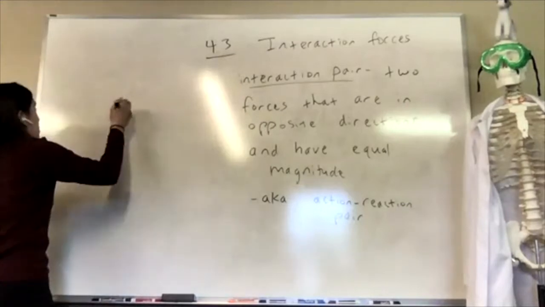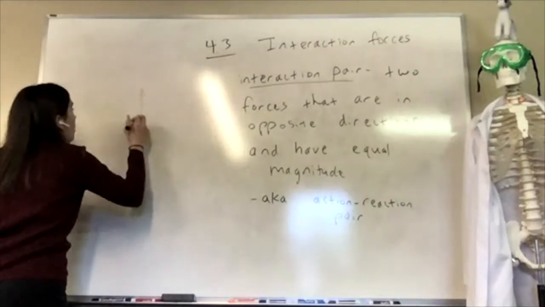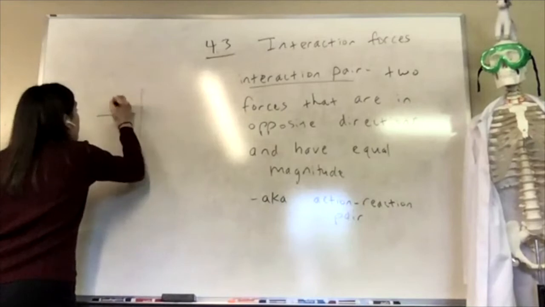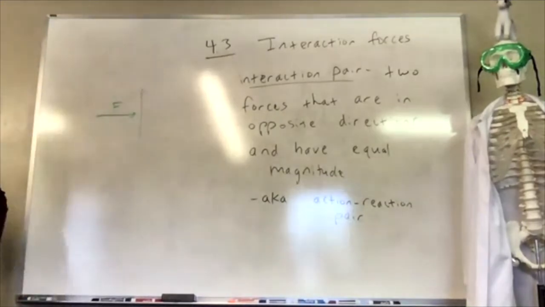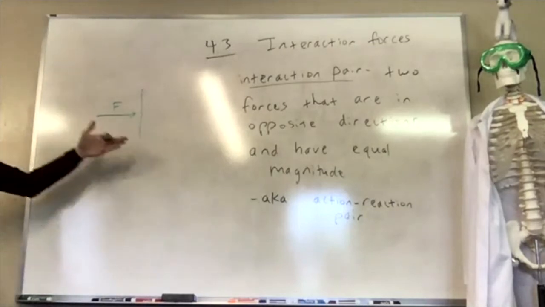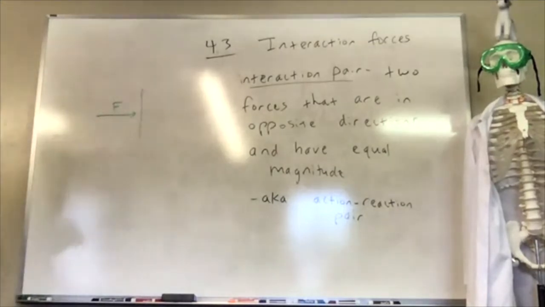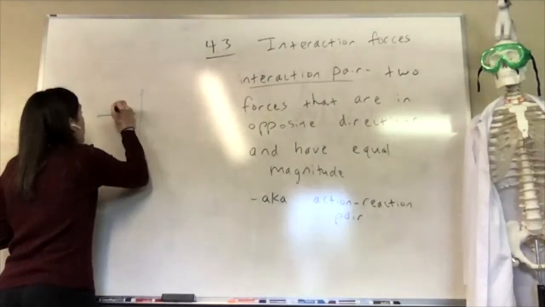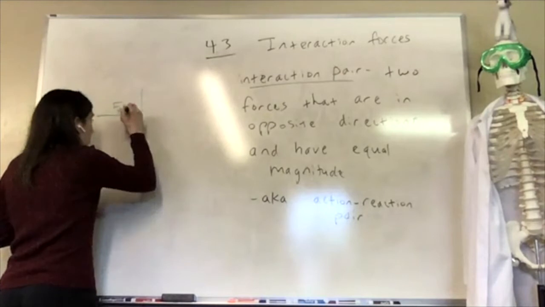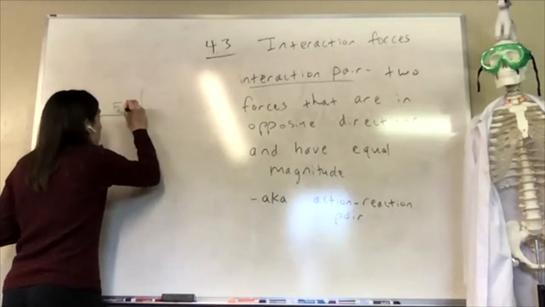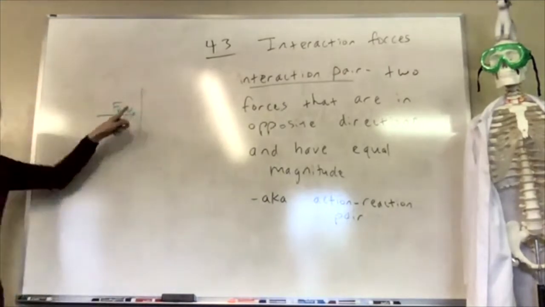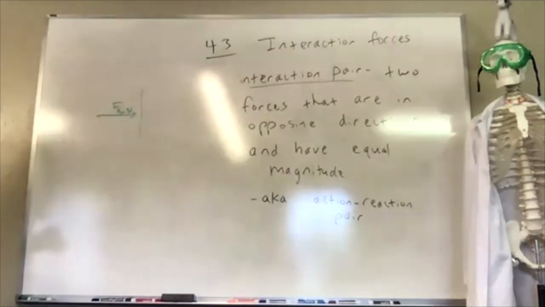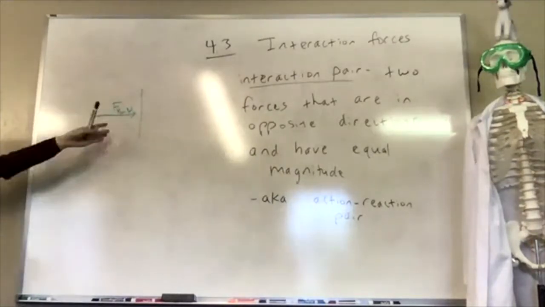So for example, if you were to push on the wall with a force F, you don't go anywhere because the wall will push back on you with the same exact force. So you have the force of you on the wall, force Y on W, and that's you applying it to the right.